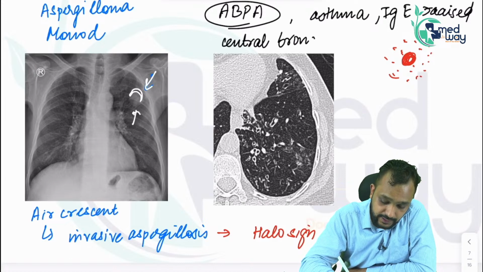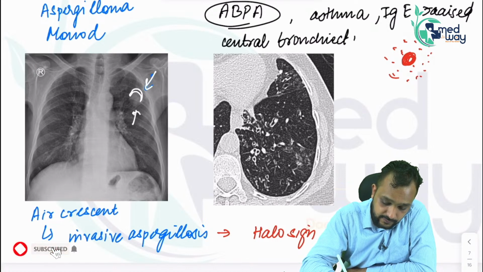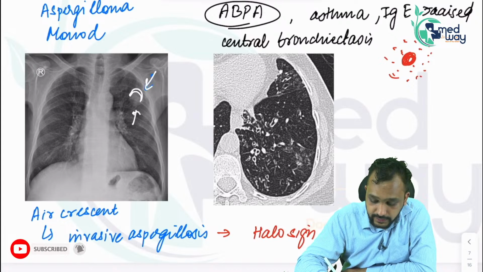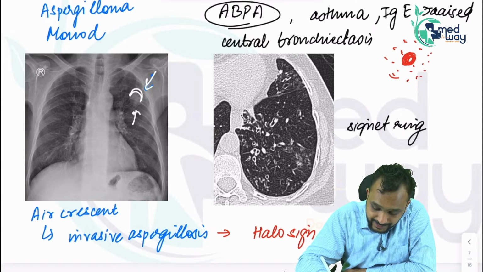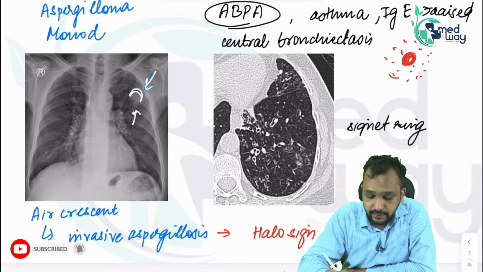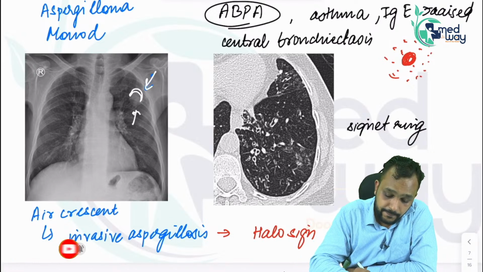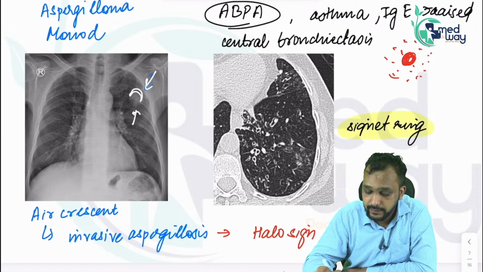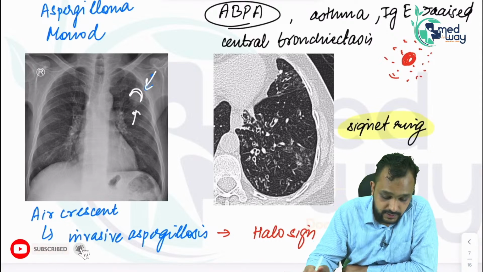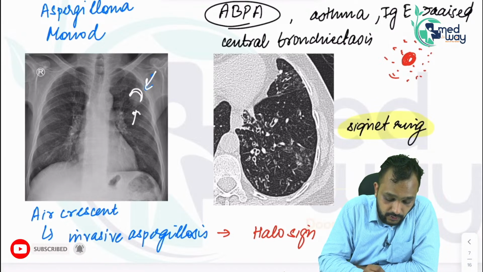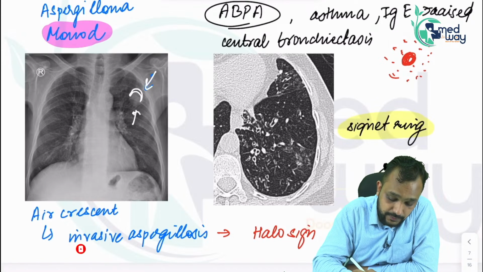So bronchiectasis has a characteristic sign which is known as signet ring appearance, and this appearance is due to the dilated bronchus surrounded by a pulmonary artery, known as signet ring sign, right? So just remember all these important signs. Monod sign is seen in patients with aspergilloma.